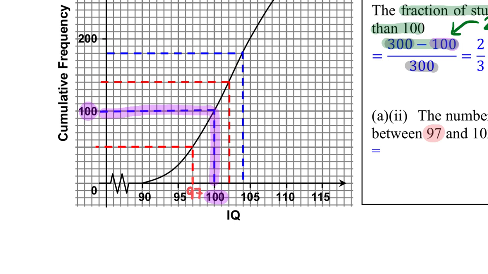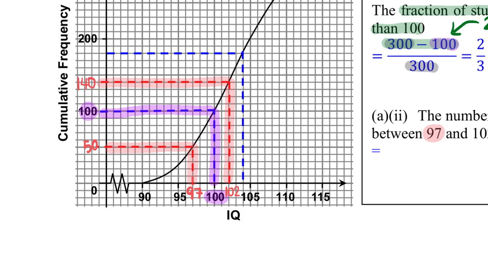This will be the first number, 50. The second number, 102, is here. And that will give me 140.